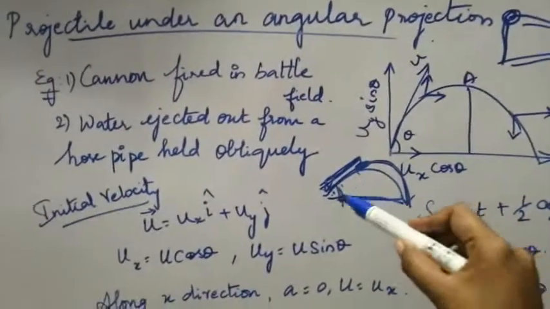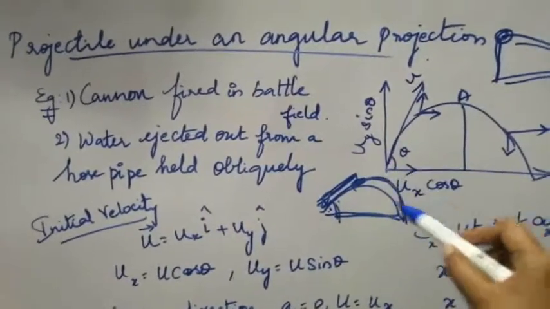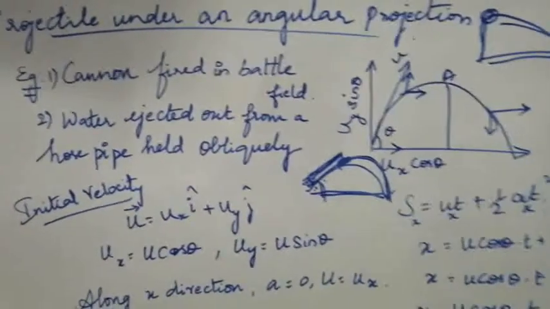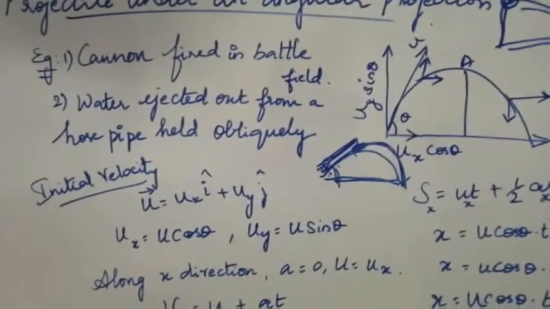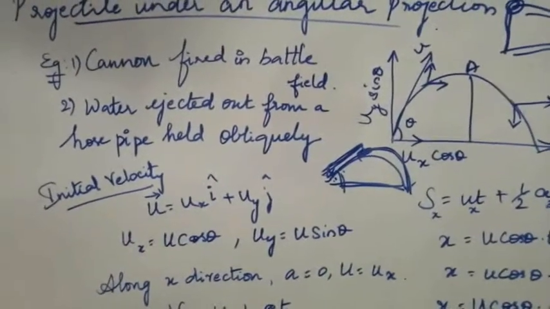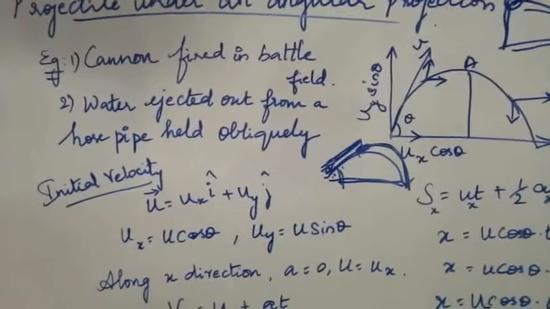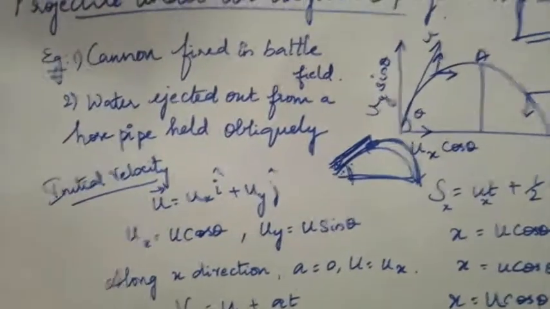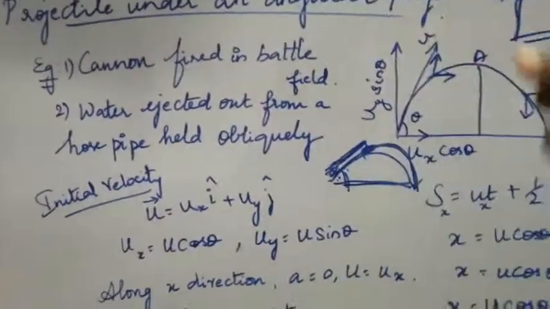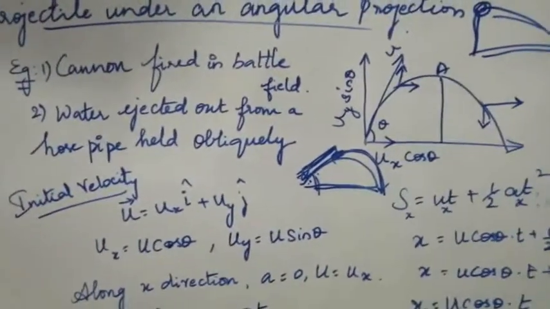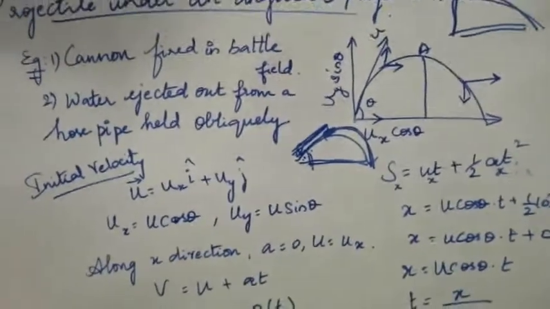Here the object will make a complete projection with respect to the ground. Again, the second example is water ejected out from a hose pipe held obliquely. That is, if you hold your hose pipe at some angle, the water will make a complete flow out like this, making a full projection.